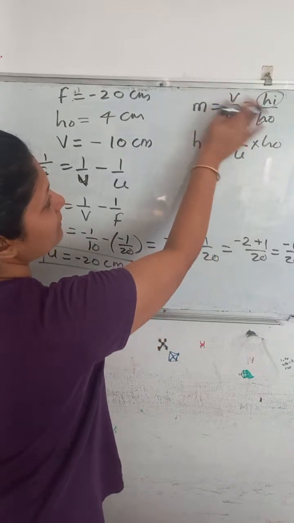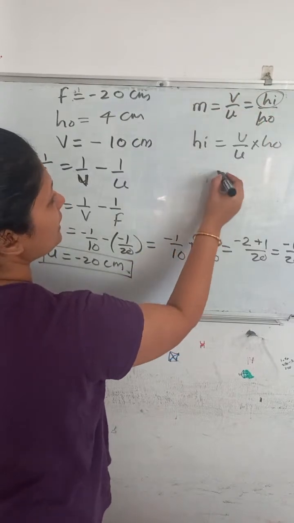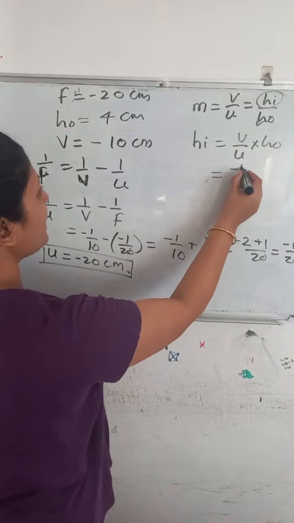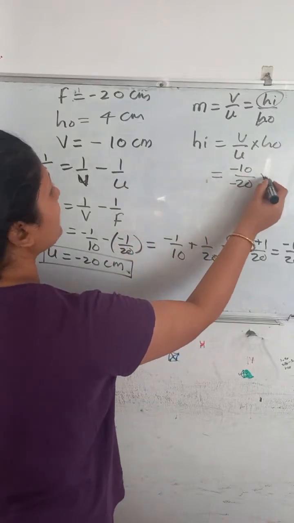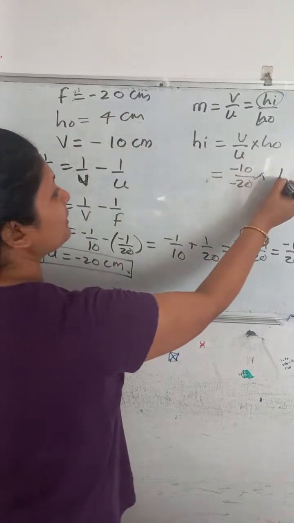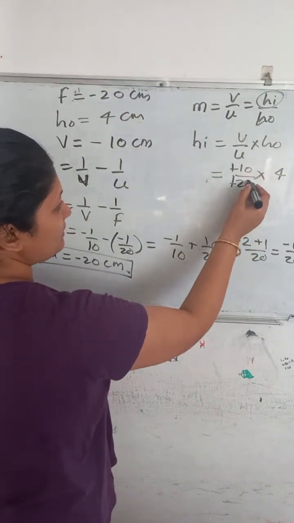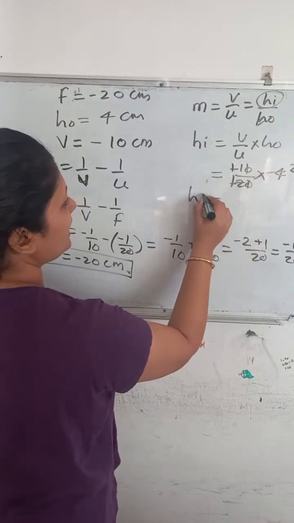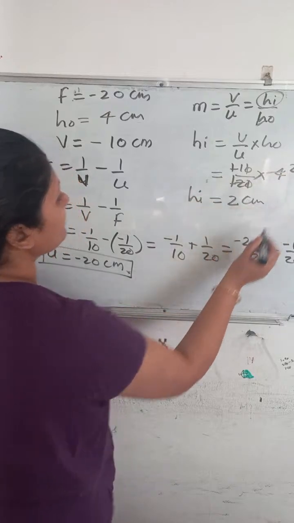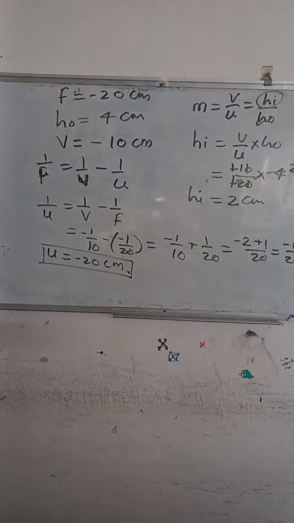Take a cross multiplication here. So we have minus 10, u we got as minus 20, and ho is 4 given. Minus minus get cancelled, and 2 ones are 2, 2 2s are 4. So hi I am getting as 2 centimeter, which is positive. This is the answer.